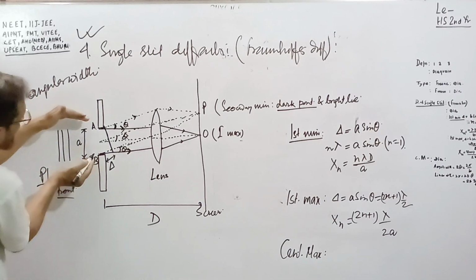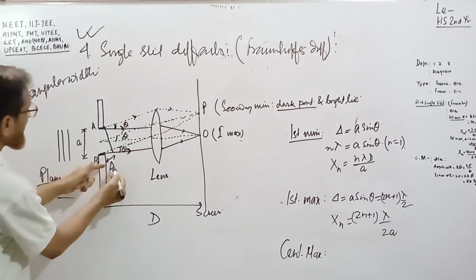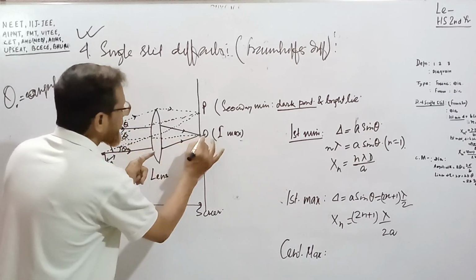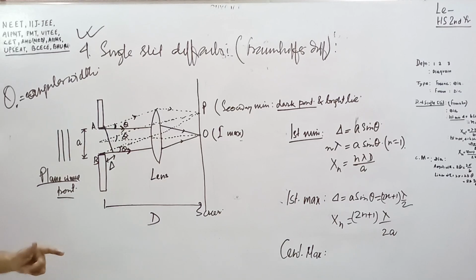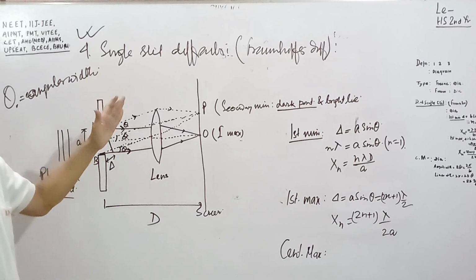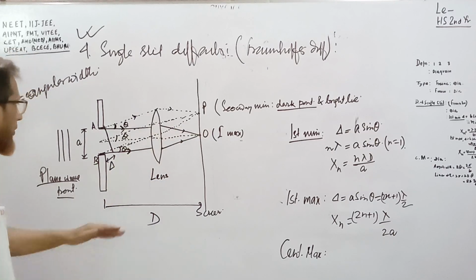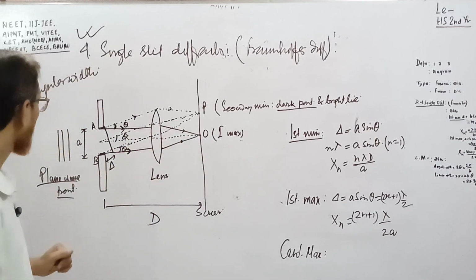So if the path difference is 0, the line will pass straight to this one, that is, the phase is equal to 0. If the phase is equal to 0, that central point is the maxima, bright. So this is bright, am I right?